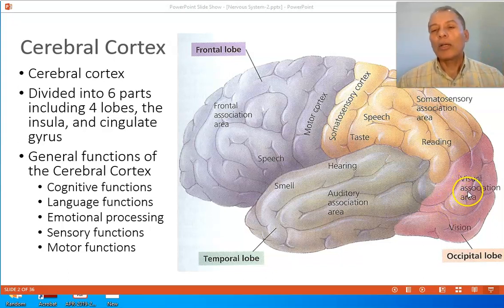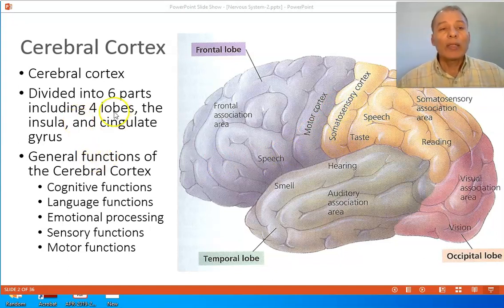So you are gonna hear its functional name, or physiological name, as the visual cortex. So, for example, the somatosensory cortex is a functional name. It is what it does. But we call it a different anatomic name. We call it the post-central gyrus. So we'll discuss this in detail in this video.